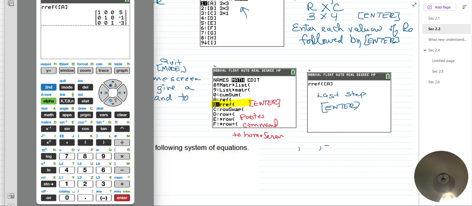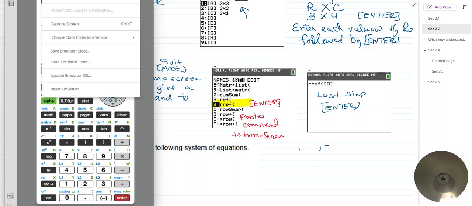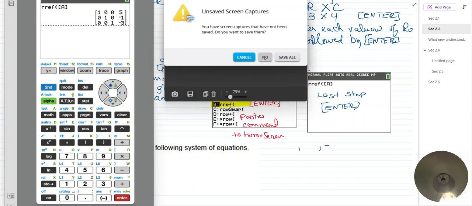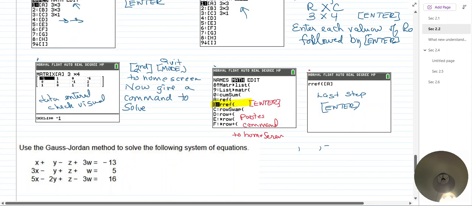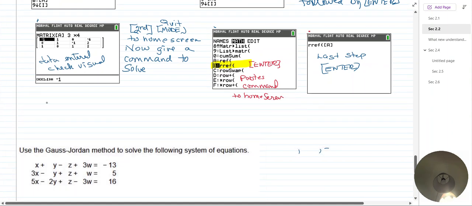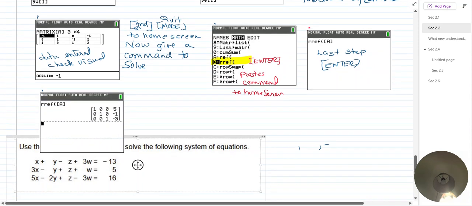And there it is. And this is the solution matrix.